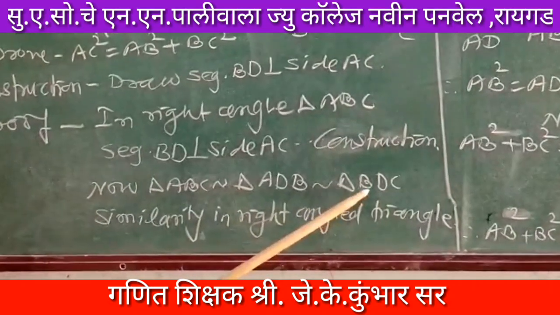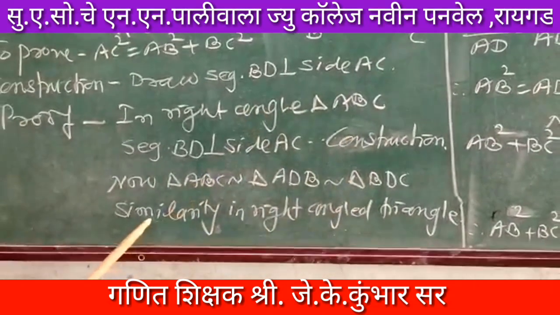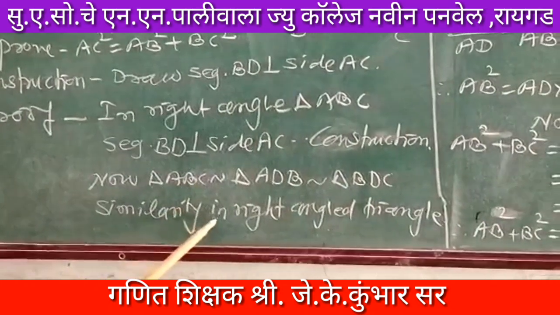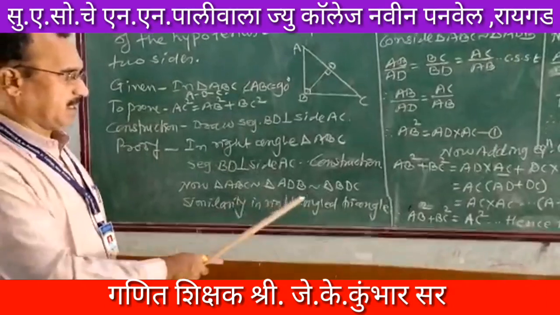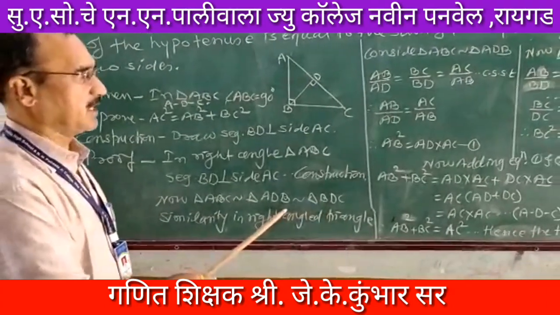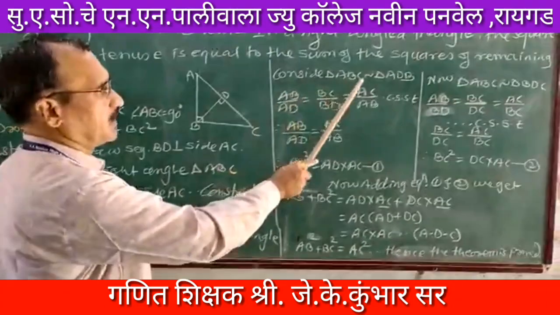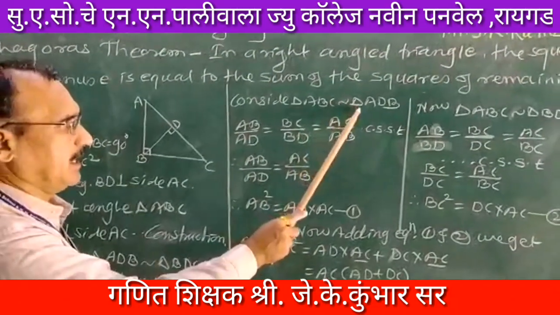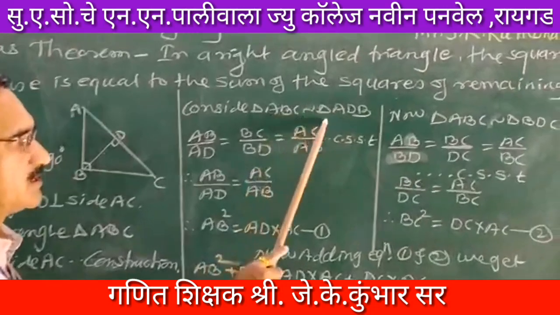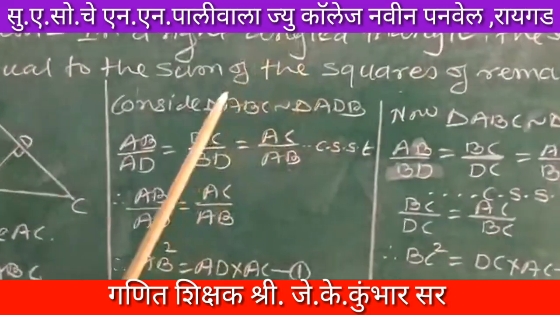This is known to you also. Now this is the similarity in right angle triangle. Now take the first pair of similarity and the second pair of similarity here. Consider triangle ABC similar to triangle ADB, the first pair of similar triangles.